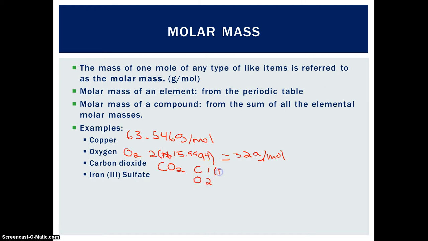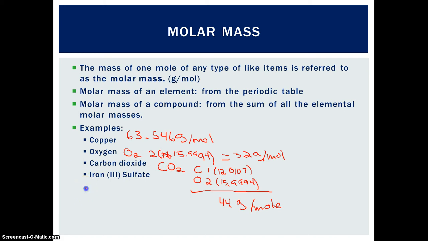Carbon's molar mass from the periodic table is 12.0107, and oxygen's is 15.9994, which we could easily just call 16, and we probably will from this point forward. This gives us 44 grams per mole.